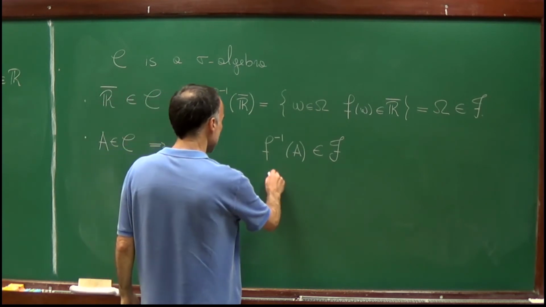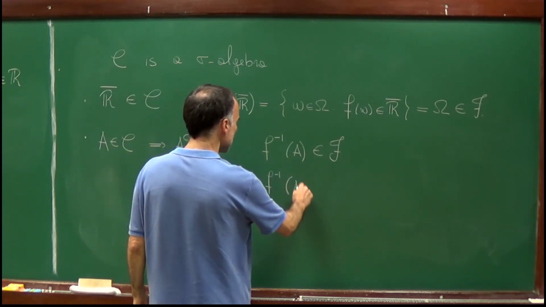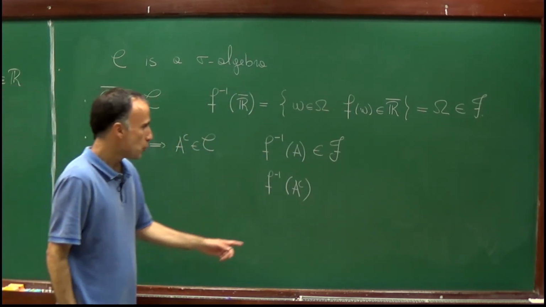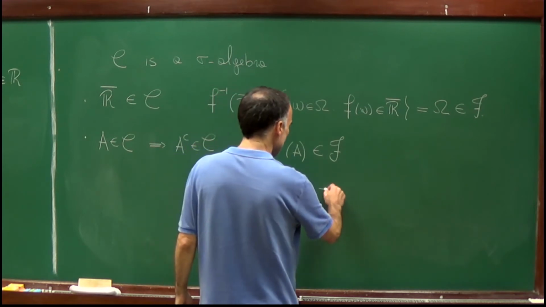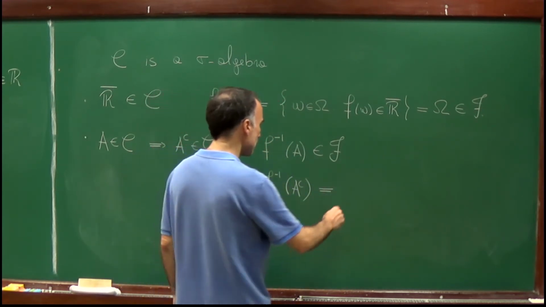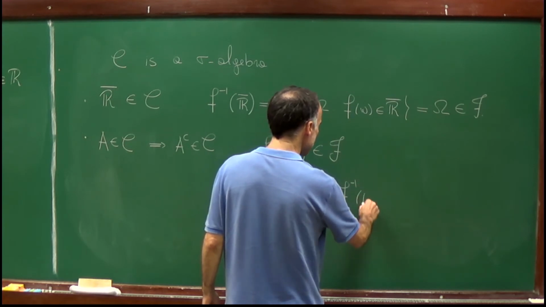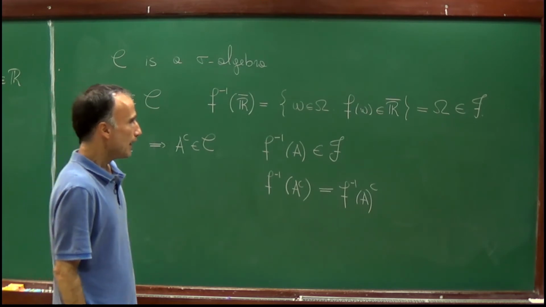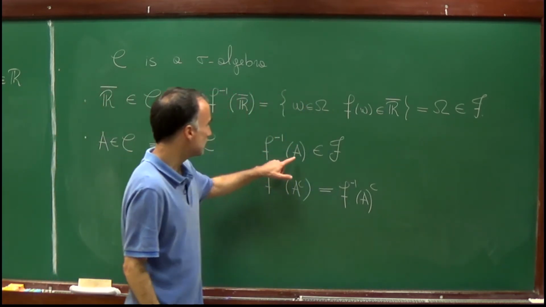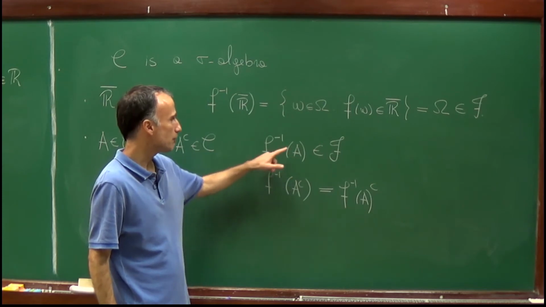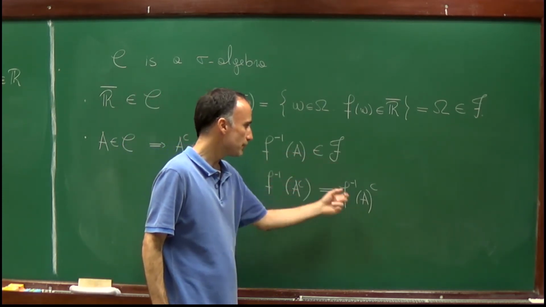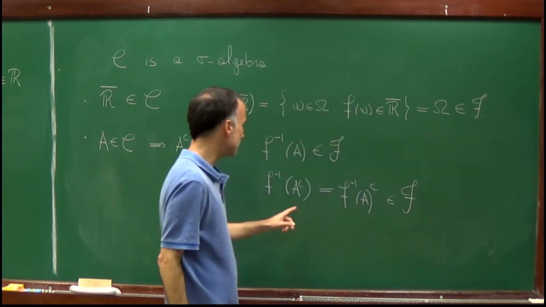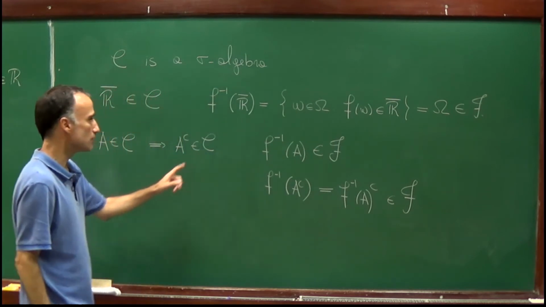Now let's prove that the inverse image of A complement belongs to F. I leave it to you to check that this is just the complement of the inverse image of A. And since the inverse image of A by F belongs to the sigma algebra F, its complement also belongs to F, which proves that A complement belongs to C.